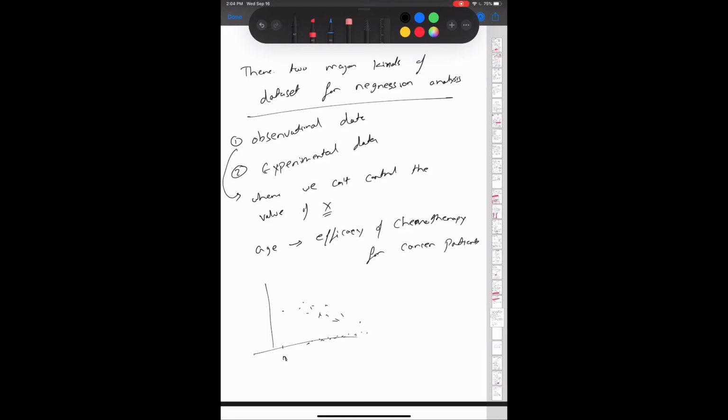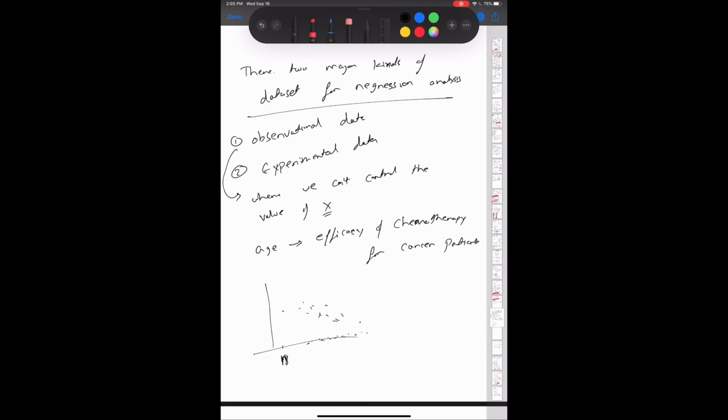Does that mean that for younger people chemotherapy doesn't work? Or does that mean that this 18-year-old had this cancer because they had some other underlying issues, and that's why the chemotherapy didn't work? So when you have observational data where you don't control what covariates you have or what the values of the covariates are, it's harder in general to make causal conclusions.